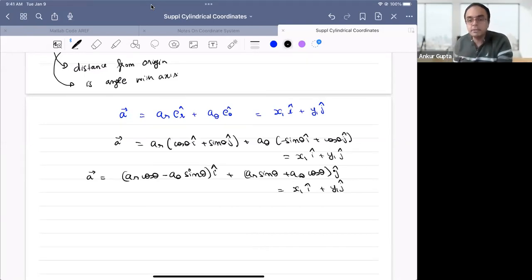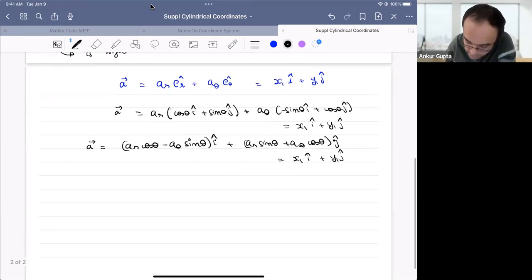Now, this is still a vector equation, but now I've separated everything. I've combined these two terms with i hat and these two terms with j hat. I can now start to compare, right?